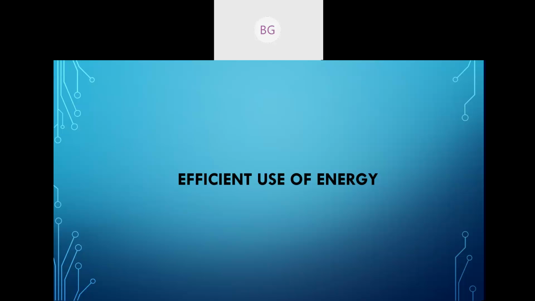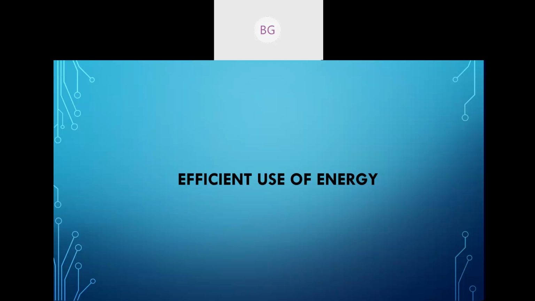If we have windows and doors in the opposite direction, then there will be darkness in the room in the daytime also, and we'll have to use bulbs or tube lights even in the daytime.